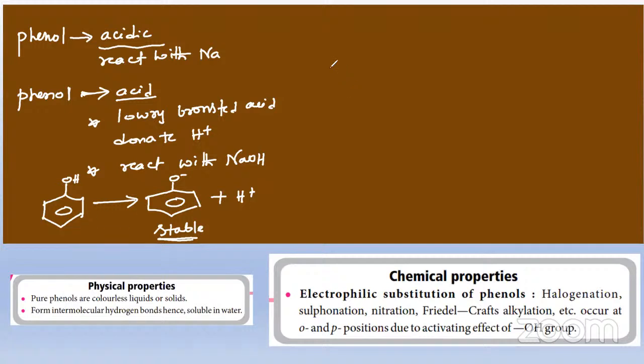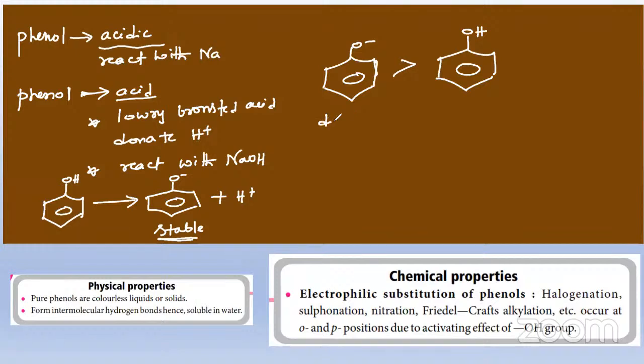Why is phenoxide more stable? Pratham, you can say like this. Why is phenoxide more stable than phenol? You can say, sir, here there is a distribution of charge in a resonance structure. In phenol there is a separation of charge.